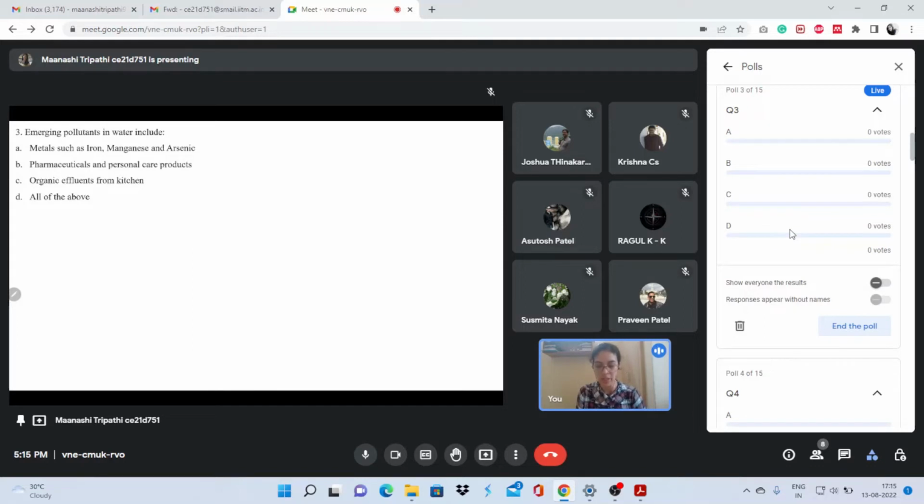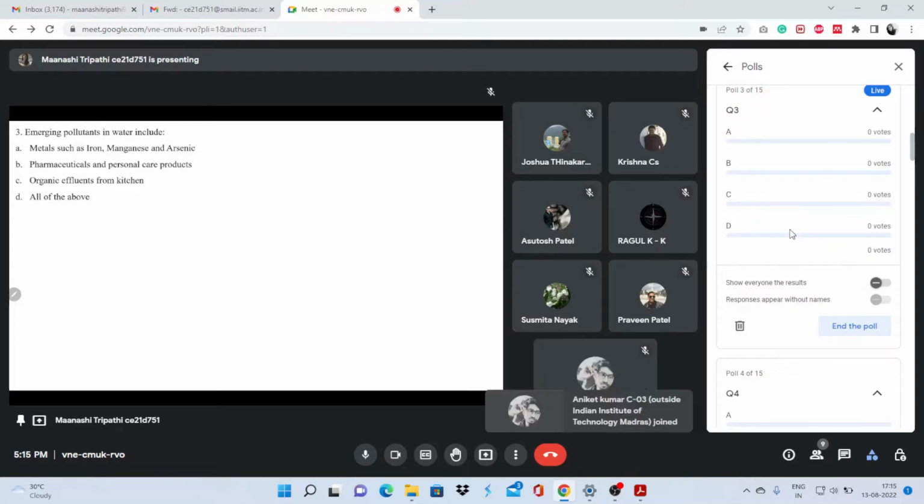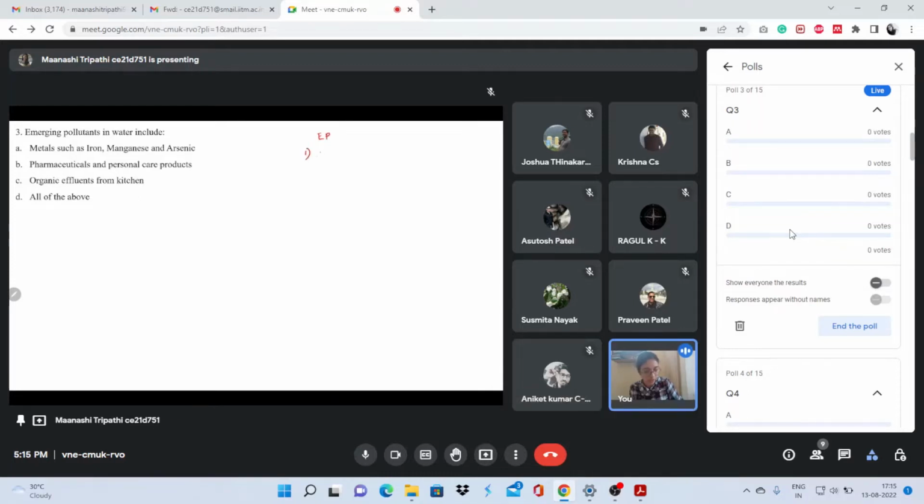Emerging pollutants. Emerging pollutants means two important terms are there in the definition. One is the pollutant is very novel, means new.